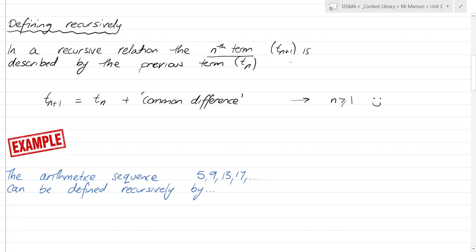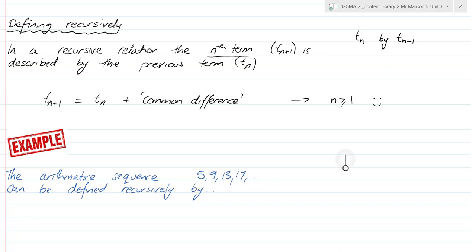I would normally define tn by tn minus 1, so the 7th term by considering the 6th term. You tell me what the 6th term is, I can tell you what the 7th term is. But the textbook uses tn plus 1 defined by tn, so I'm going to stick with that notation, and it doesn't really matter which way you go.